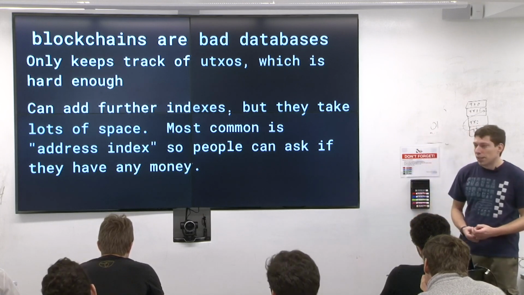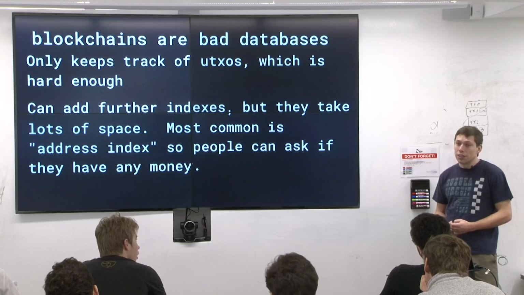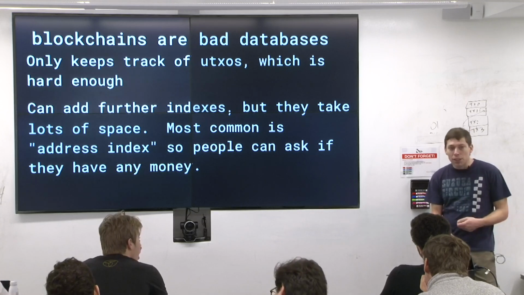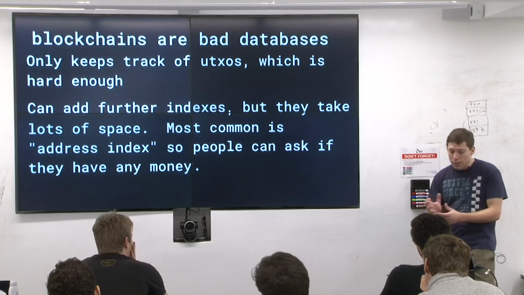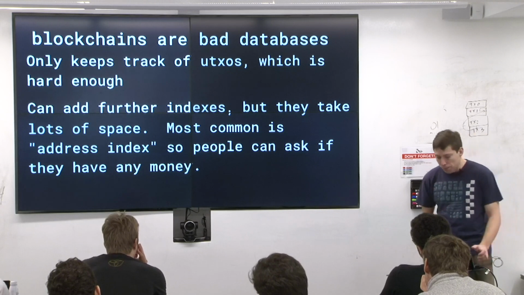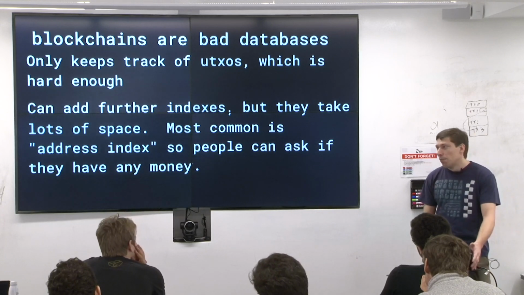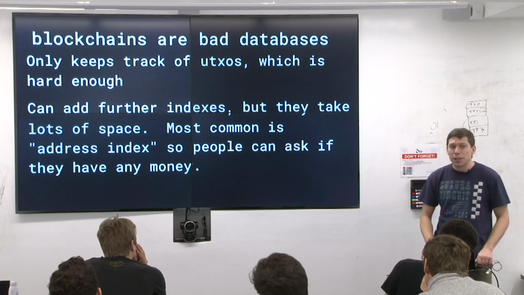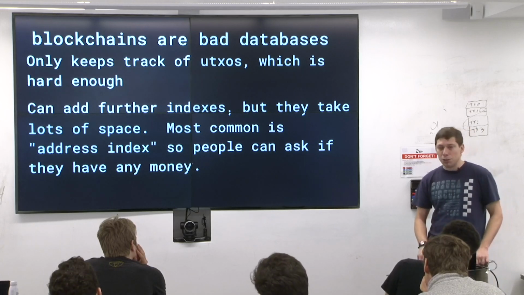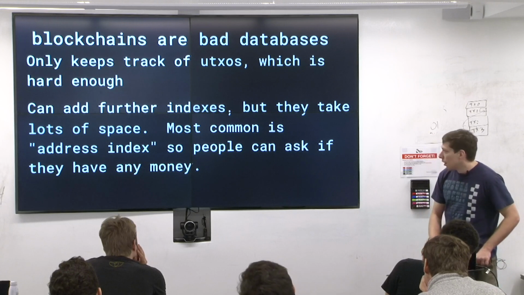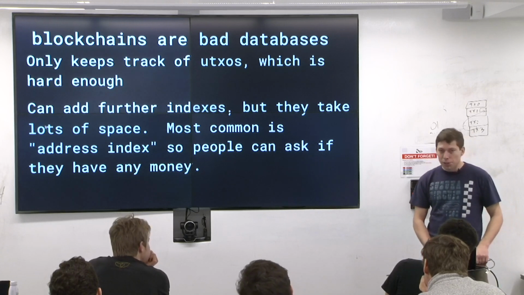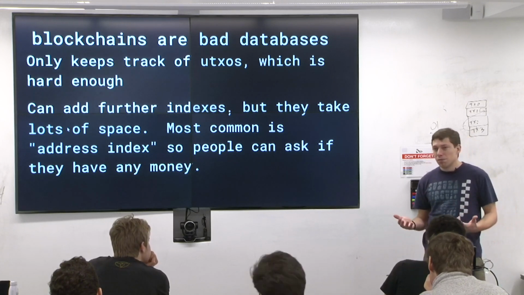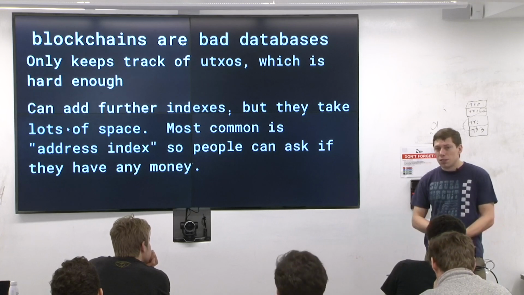Having an address index is actually pretty useful for a lot of things, for example importing keys or web wallet kind of things. But Bitcoin by default doesn't do it because, well, why? I mean, you can make arguments that it would be actually useful to have in the normal code, but we don't. Okay, any other questions about what indices can do, what they cannot do?